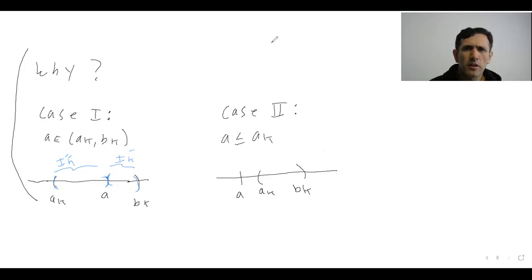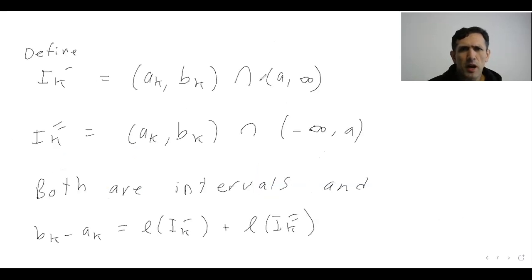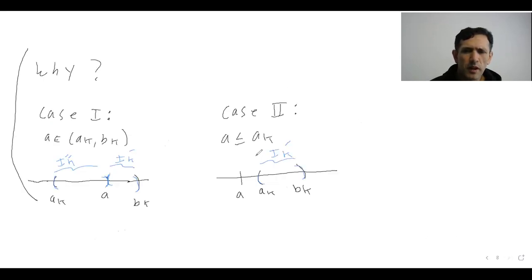So in this case, this is IK prime. Again, IK prime is AK BK intersect A to infinity. And IK second prime is empty.